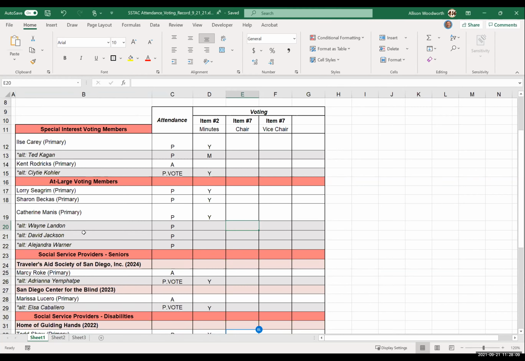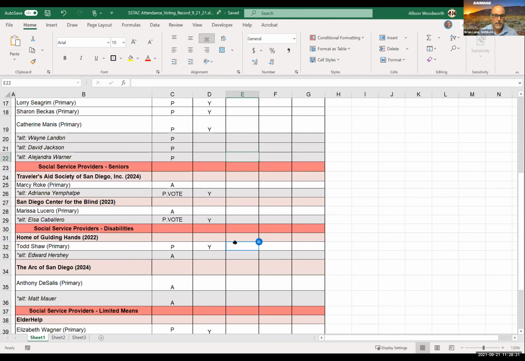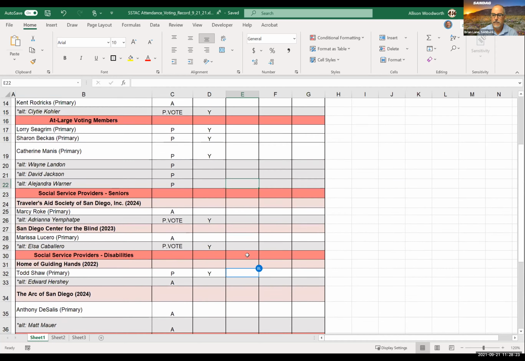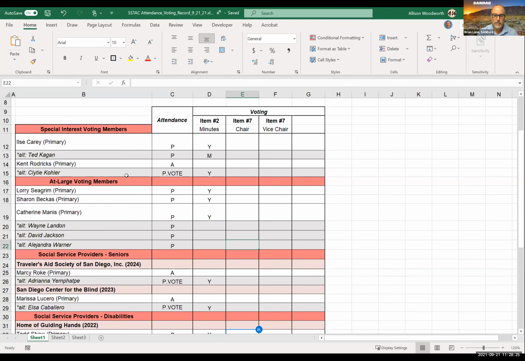Is this Alex Warner? Yes. Okay, vice chair role. I would be up for it. Thank you. And I know you're newer to the STAC, but you've listened to a few meetings and you're with the city, so you obviously know protocols and all that.